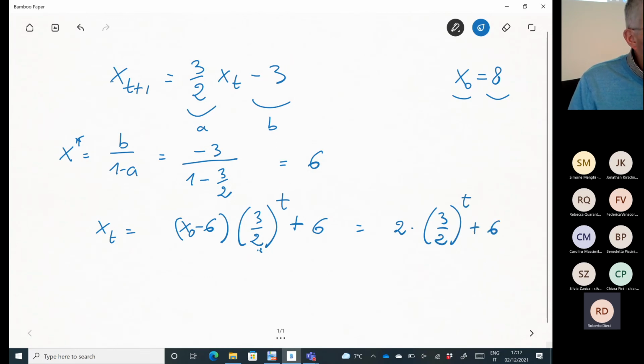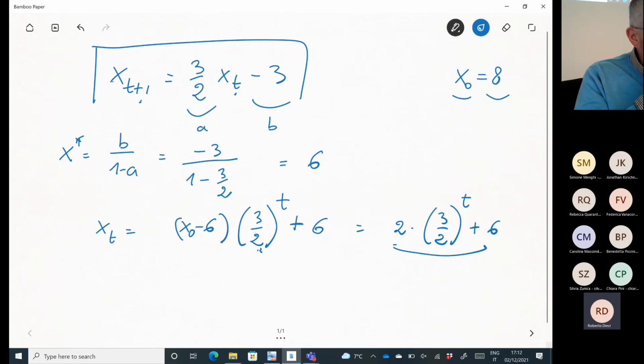You can compute the first numerical values of your sequence in two different ways. One, from the solution, using this formula: at time 0, at time 1, at time 2, put t here. And two, with the recursive equation. Start from x0, which is 8. x1 is computed as a function of x0, x2 as a function of x1. You get the same sequence, of course.